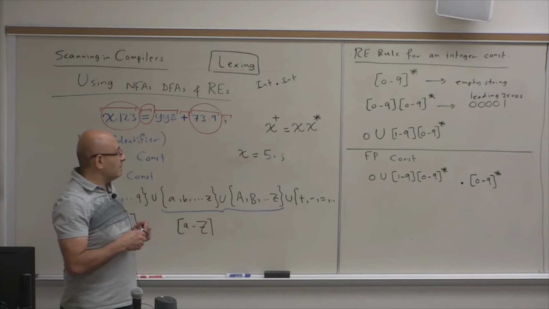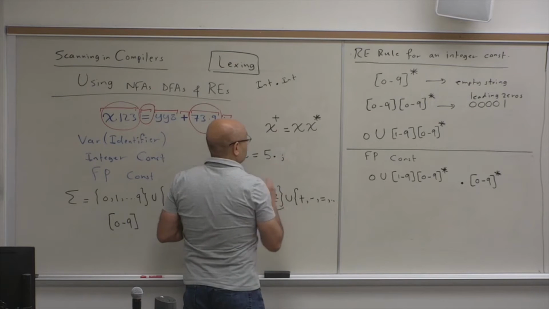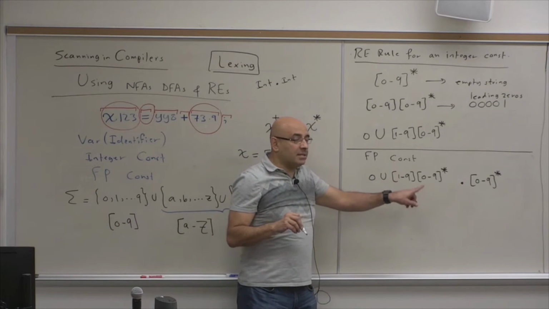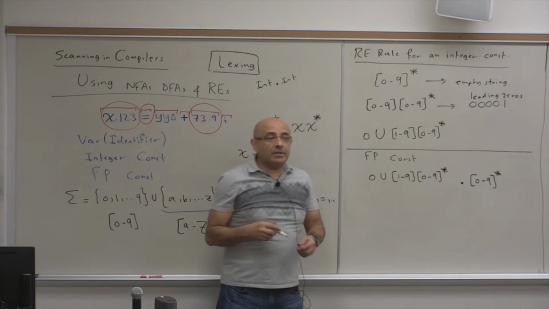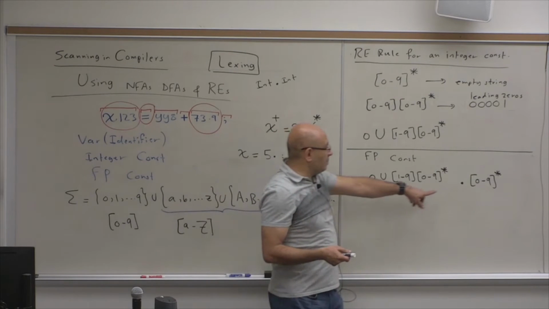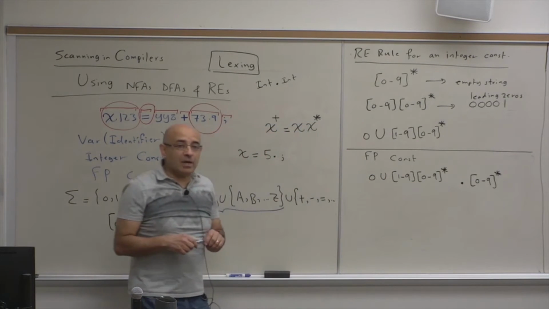Now, assuming that this is acceptable, how do we rewrite this such that the decimal point is optional? Here with this regular expression, the decimal point is mandatory. You must have a decimal point. How do we make it optional?